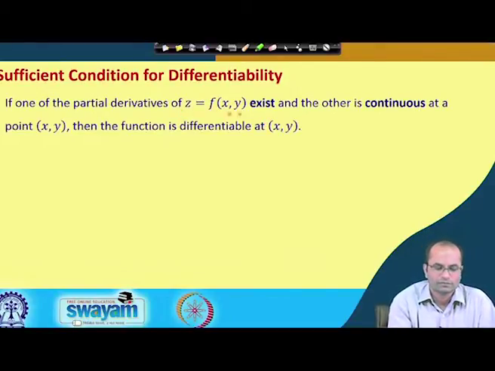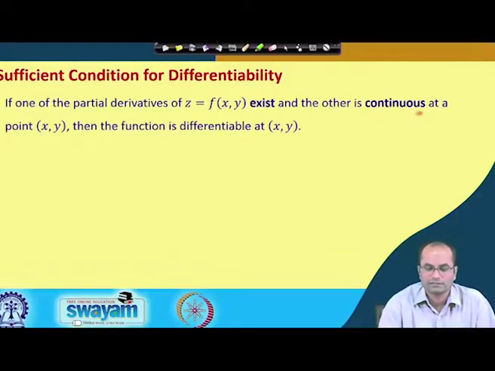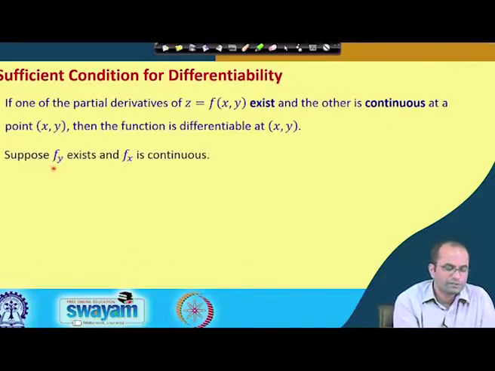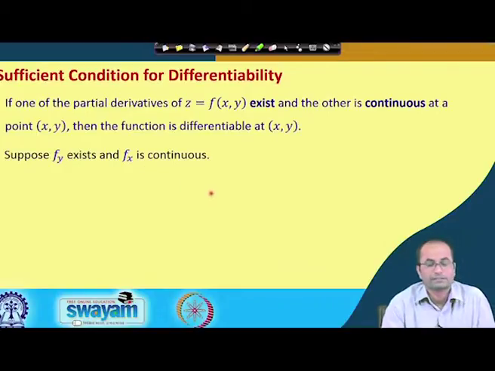So for the sufficient condition, we need continuity of one partial derivative and the existence of both. We suppose here that f_y exists and f_x is continuous.